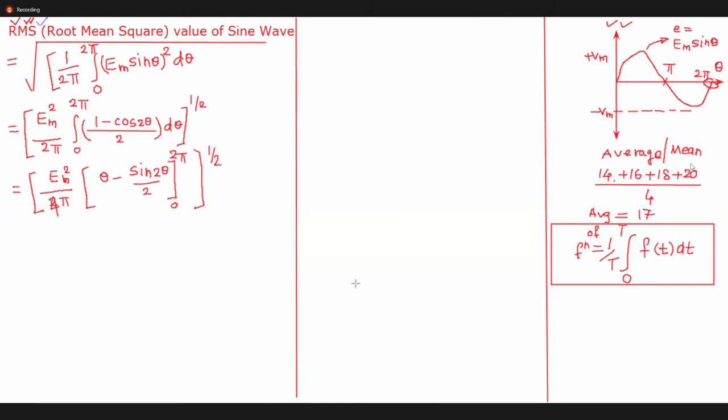When we substitute for the values, let us see what will happen to this bracket. If I'm not mistaken, this will be 2 pi. The rest of the terms will be 0. So the sign does not matter whether it is plus or minus; we'll be left with only 2 pi when we put the limits.